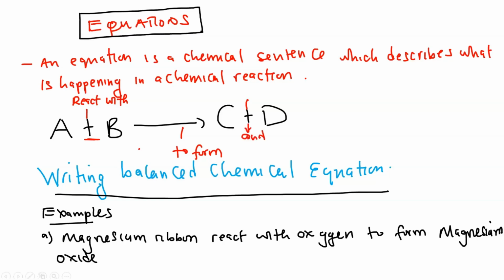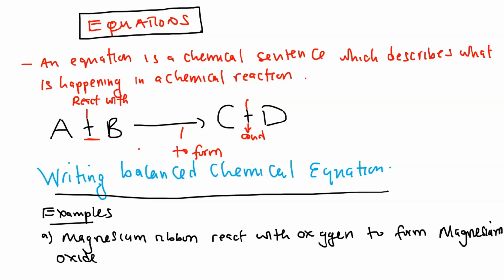So you can read it as A reacts with B to form C and D. I guess you get that. That is how you look at this. And this is a simple concept that you need to understand for you to know how to write the equation, because you are going to know how to separate the equation, which ones are the reactants and which ones are the products. This is where most of you miss it.